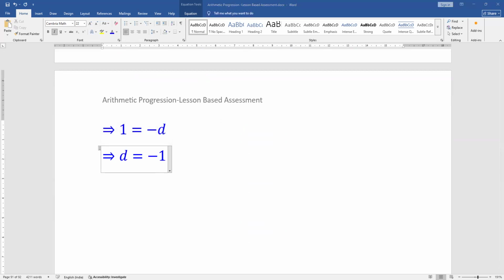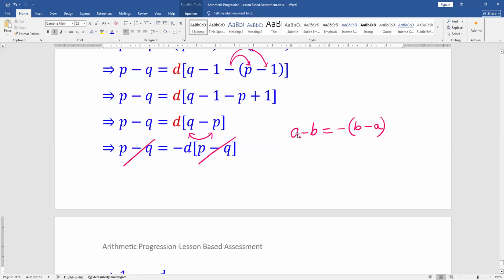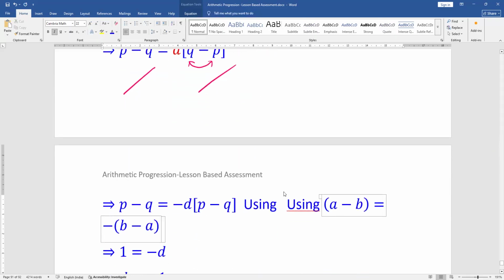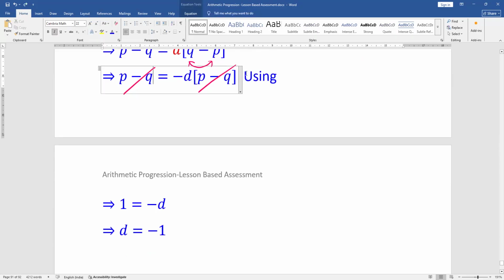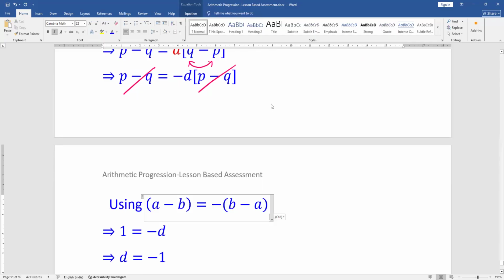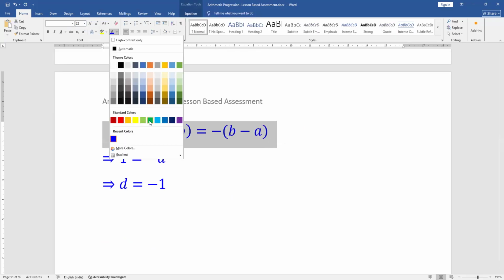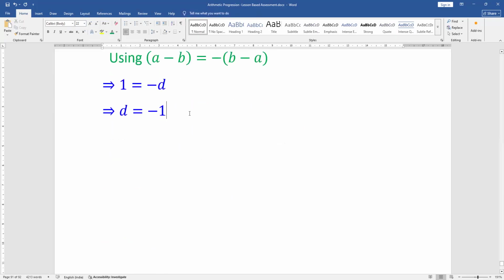So you got D equals minus 1. Let me write the concept I used here: using A minus B equals minus of B minus A. This is the concept I used. So I got D equals minus 1.